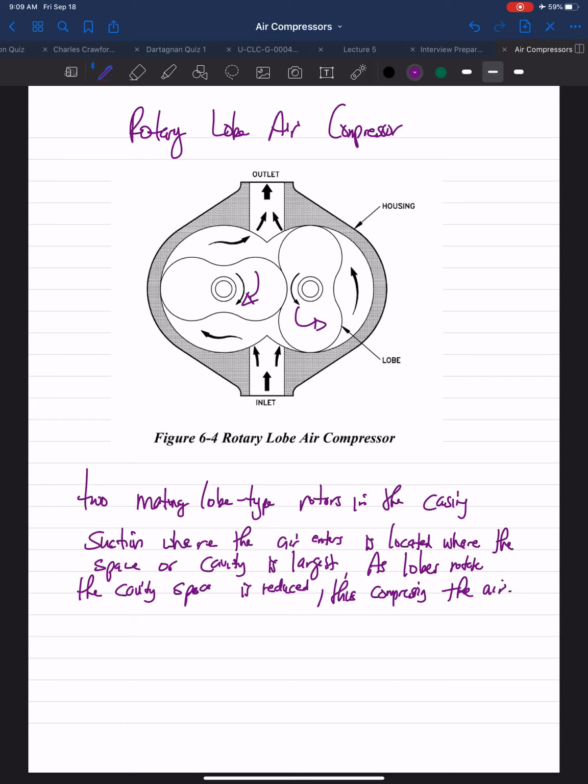So it's the same principle. A given amount of air enters at a low pressure. The rotation of the lobes causes the volume of the cavity to decrease, which then increases the pressure on the air, and therefore you're discharging air at a higher pressure.